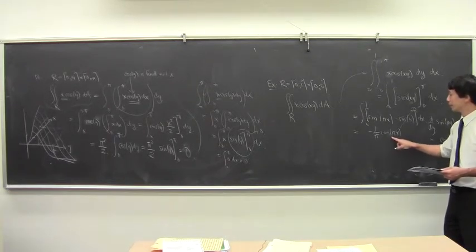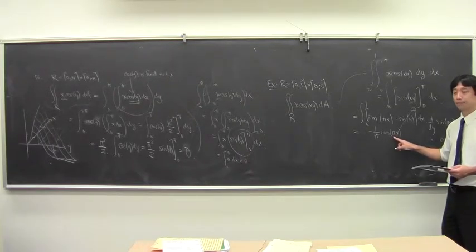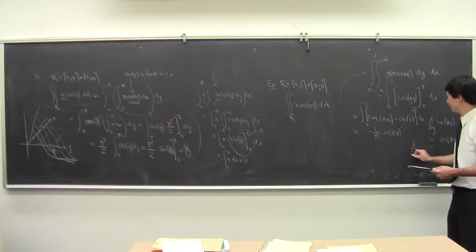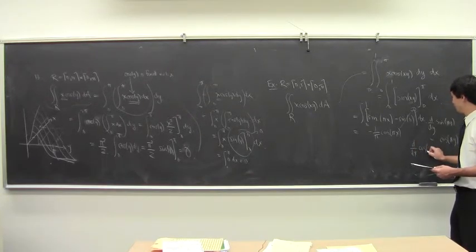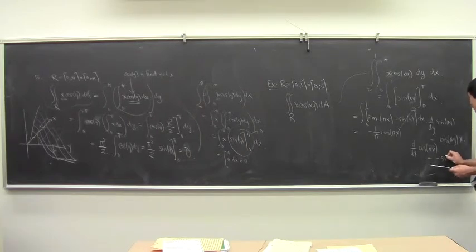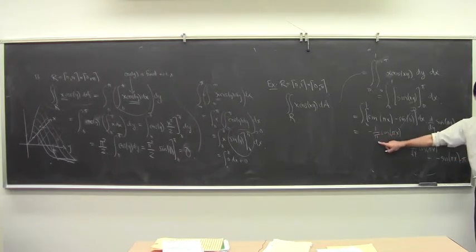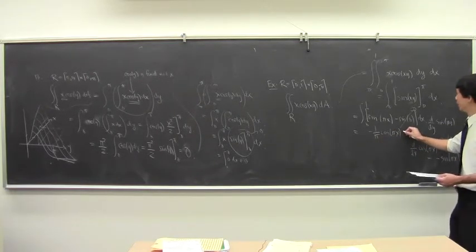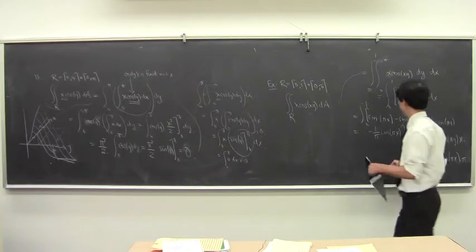Because when you differentiate cosine pi x, you're going to get negative sine pi x times pi. So we need a negative 1 over pi to make this right. And you evaluate that between 0 and 1.